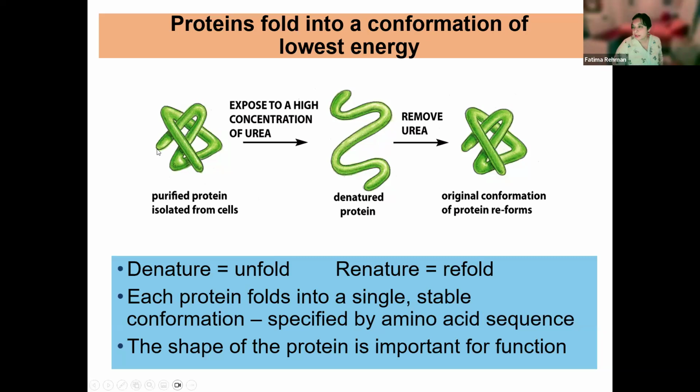If you remove that urea or salt, or stabilize the pH back to normal, what you will see is that the proteins will go back to their original conformation all on their own in many cases. That means that each protein has a particular set form that it will be in. And what we have found is that that form is determined by the lowest energy state that allows that protein molecule to be the most stable.